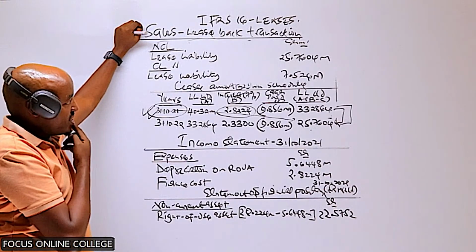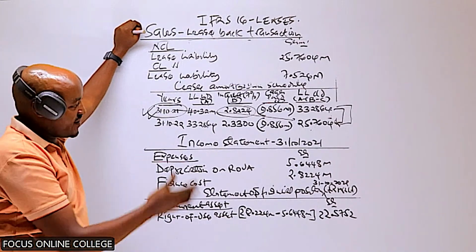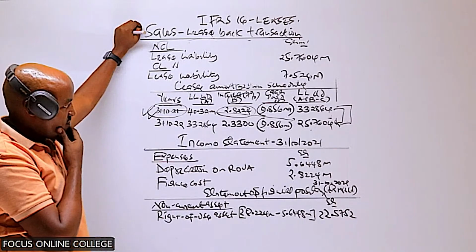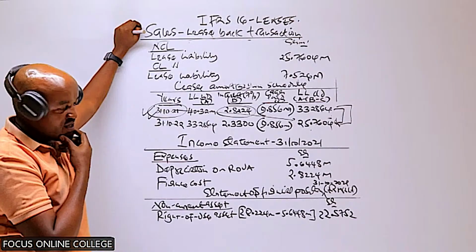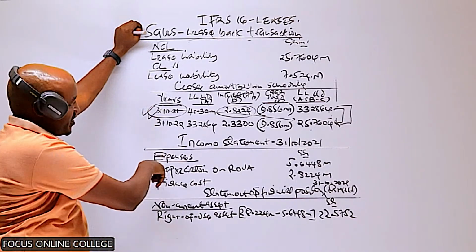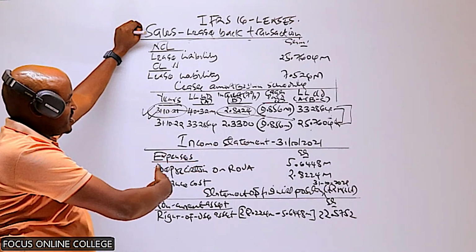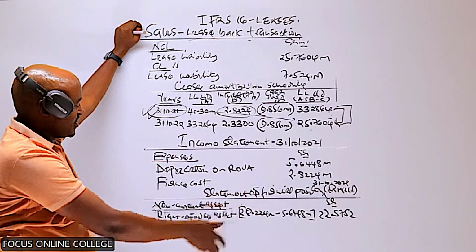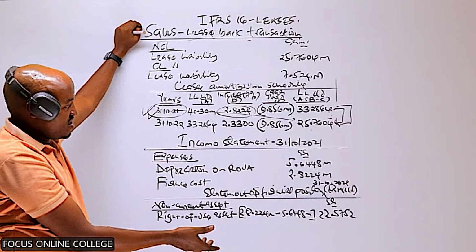And I hope you can see that in this question, the examiner was requiring you to just show the financial statement extract for 1 year, because if you're required to show that for 5 years, then the question would involve a lot of work. You have to prepare the income statement extract for 5 years, and the statement of financial position extract also for 5 years.